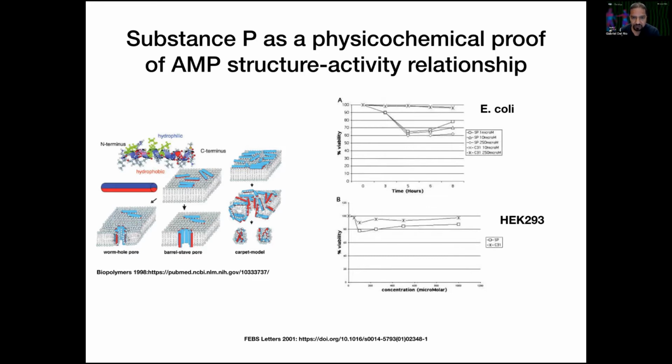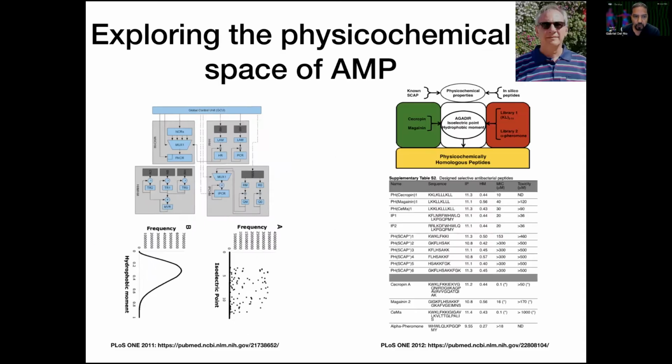The story is just to explain to you how we learned that some physicochemical properties are sufficient to identify antimicrobial peptides. And that led us then to wonder what was the distribution of these physicochemical properties.